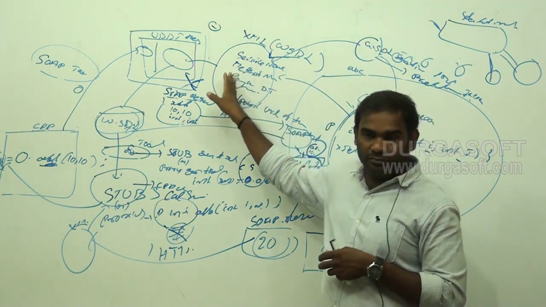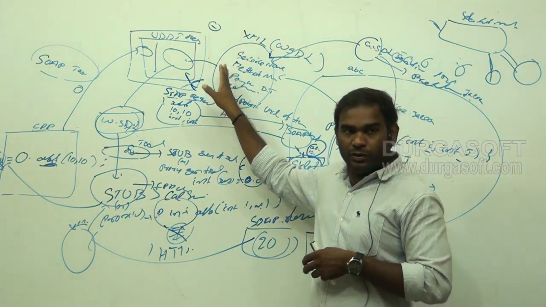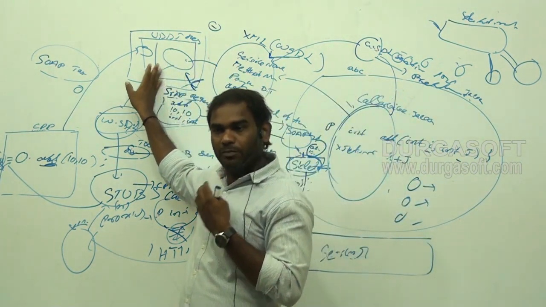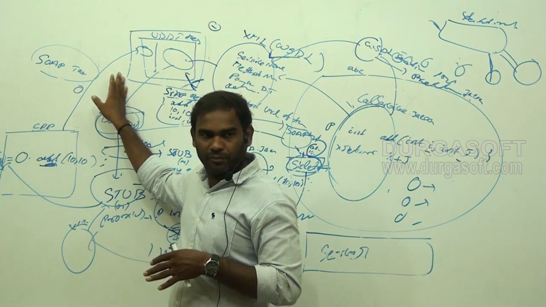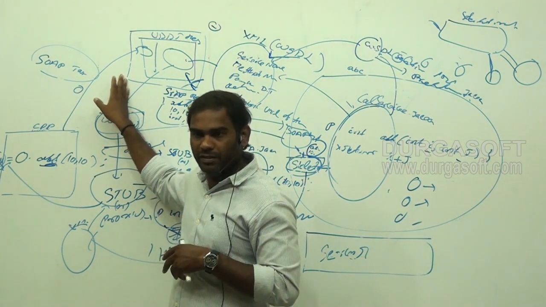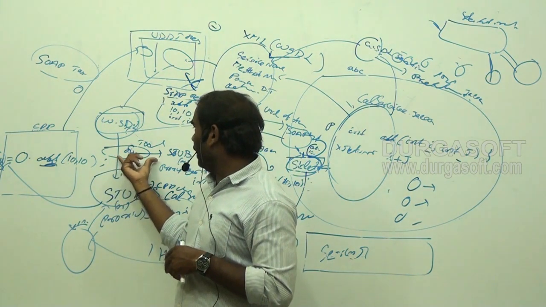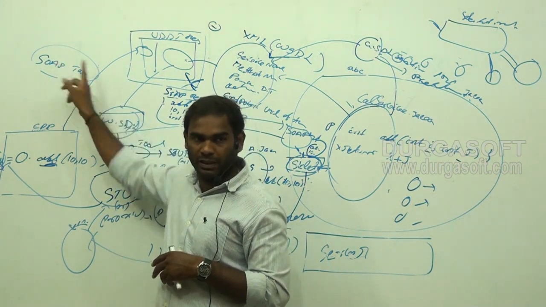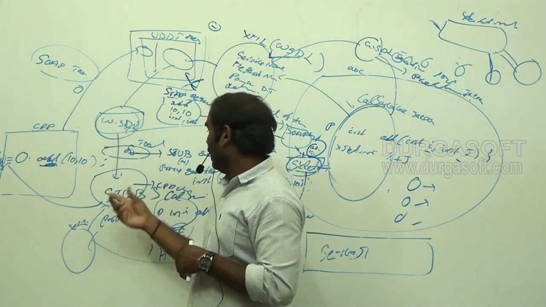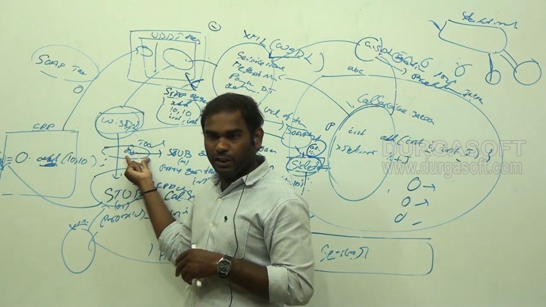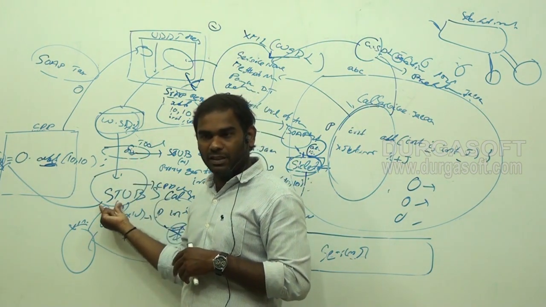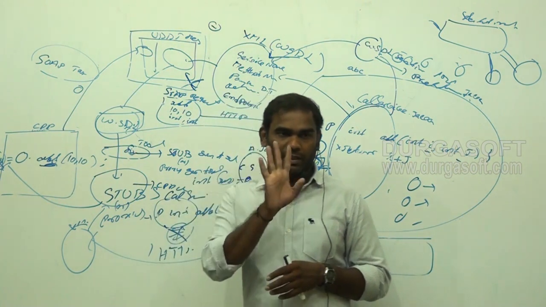Next one is the WSDL file. UDDI registry. It is optional, we know that, but it's a part of the web service architecture here. And then, yeah, SOAP, of course, that is the SOAP request and SOAP response here. And the proxy generation tools. And the next one is the stubs here. Total 6 components are there.